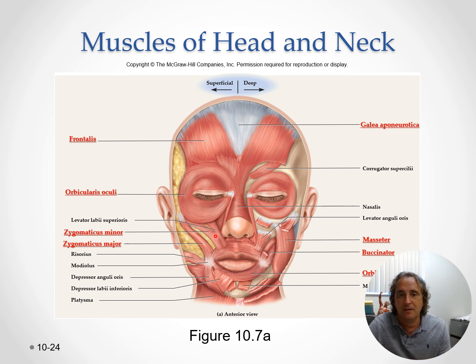The major is going to be further away. If you think about this, the zygomaticus major is going to be on the side, and the snout in a pig goes back and forth. The zygomaticus major is such a huge muscle when you look at it on a pig. So minor is medial, major is going to be further away.